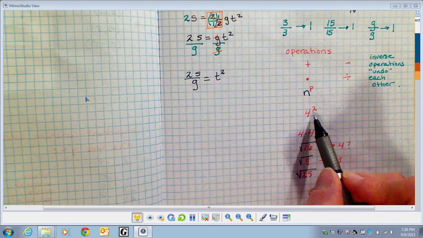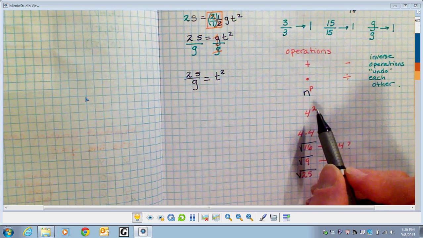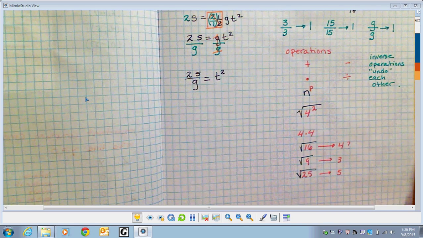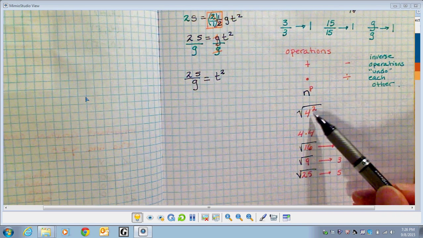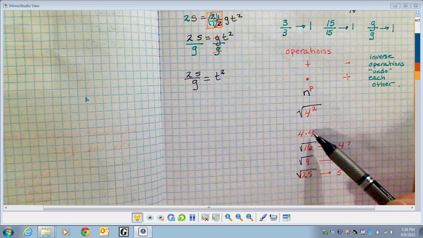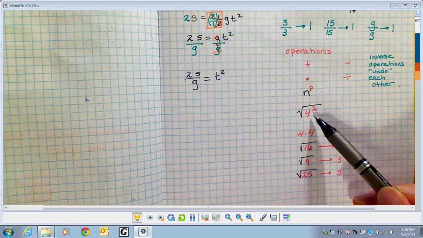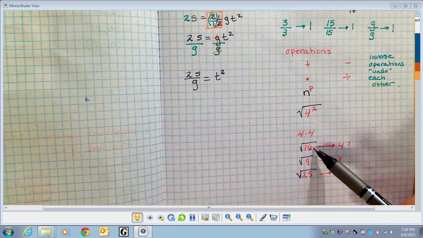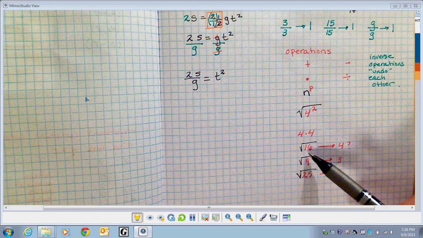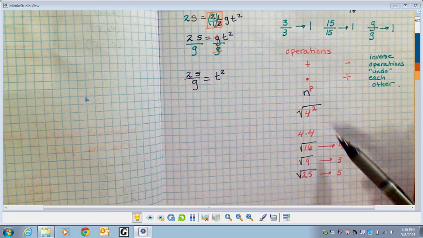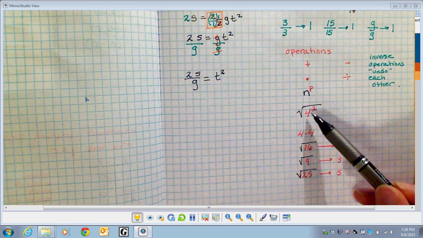So what undoes a square? Well, if I have 4 squared, remember, 4 squared is the same as 4 times 4, which is 16. So 4 squared is the same as 16. So the square root of 16 is 4. So what must the square root of 4 squared be?